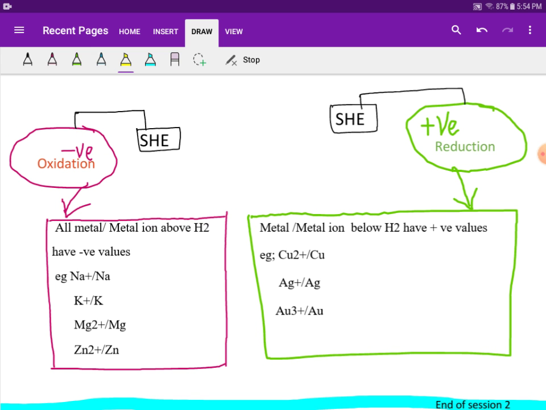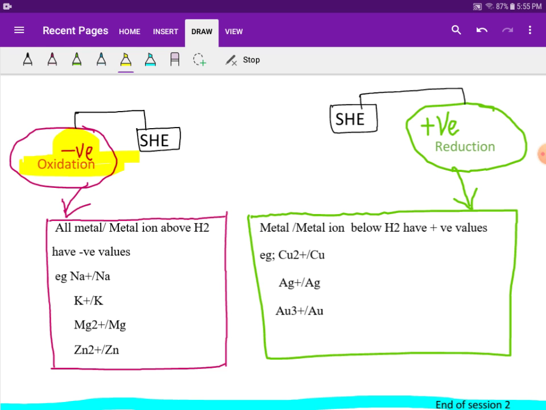Generally, all the metals which have a greater tendency to undergo oxidation than hydrogen, for such metals oxidation is spontaneous and reduction is not spontaneous. So for such metal ion single electrodes, the single electrode potential in terms of reduction potential is negative, because here oxidation is spontaneous and reduction is not spontaneous.